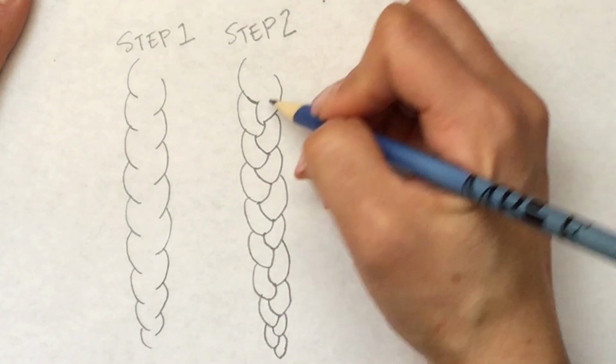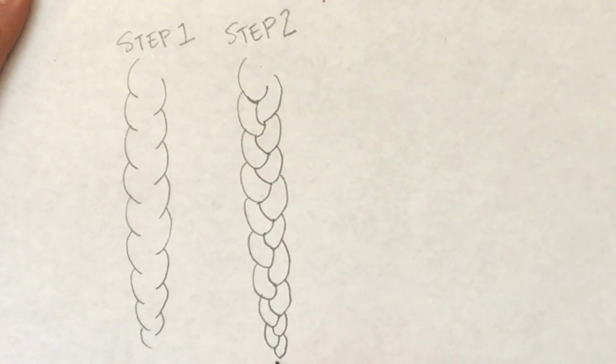At the bottom of the braid, you are going to create a little rubber band type of deal where the hair would be tied off, and you can create the end of the hair at the bottom.